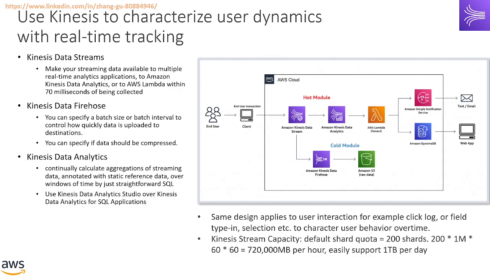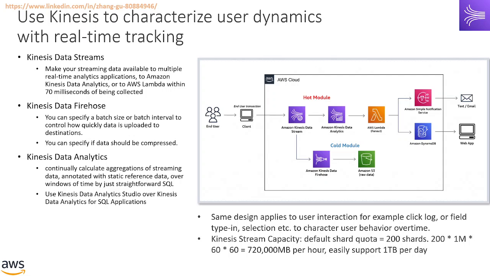On the other path, the cold path, the raw streaming data is sent to a Kinesis Data Firehose, where it's cached, transformed and compressed, and written to Amazon S3 in batch mode. The demonstrated flows here are a general pattern to process real-time streaming data.